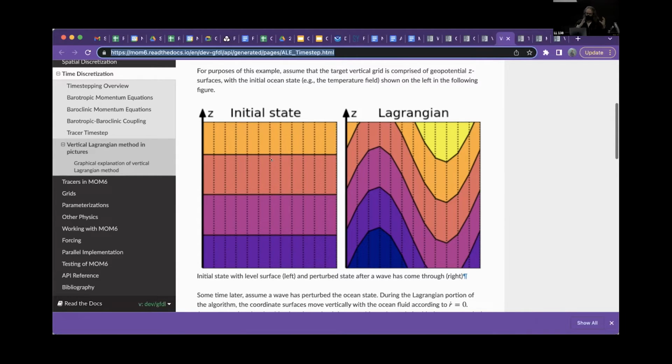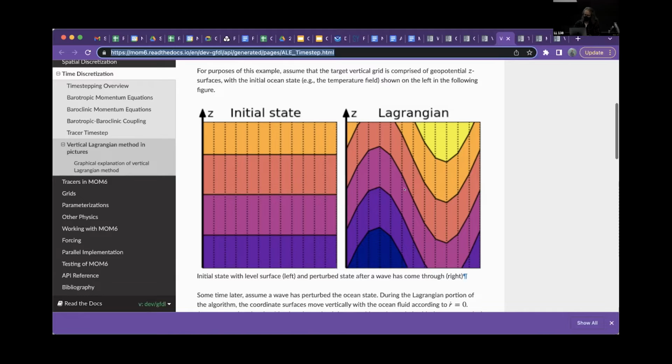So say you have a wave that comes through, say an adiabatic gravity wave, and so the temperature surfaces go up and down now, right? And the coordinate surfaces move with that temperature surface, okay? Temperature is the only equation here. The density is just temperature in this example, so when I say temperature, I mean density.